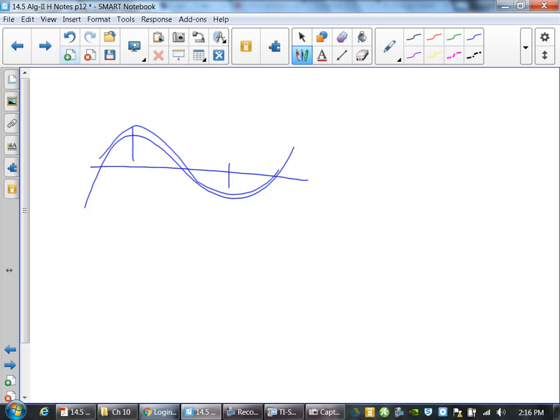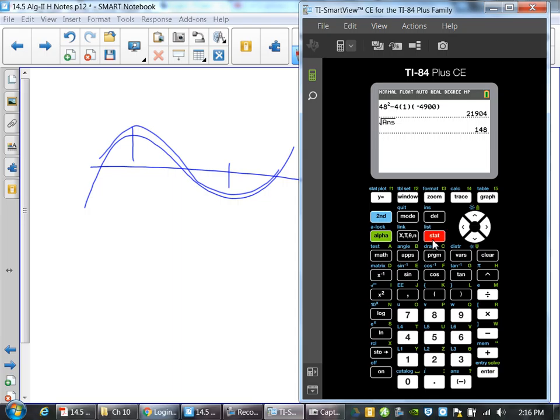Yes, ma'am. What is the sinusoidal button? I think it's called Sine Reg. It didn't work for me. It says error singular matrix. Go to Stat, Calc, Sine Reg.